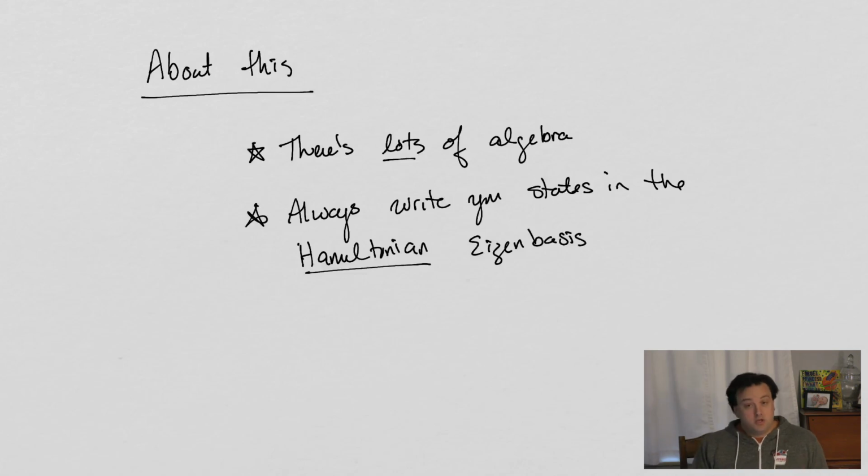But as long as you write down your eigenstates, that is, write down all of your states in the Hamiltonian eigenbasis, then it's much easier to deal with the time evolution operator. And if it's easier to deal with the time evolution operator, then it's generally easier to do all of these matrix algebra. Okay, so don't worry about it. It's just algebra.